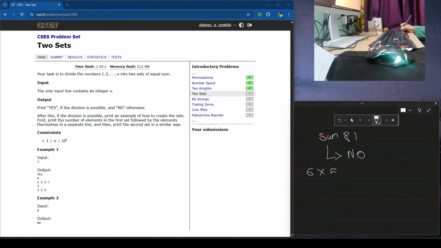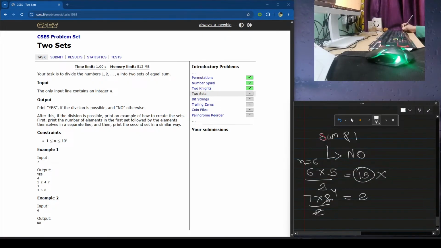The sum is 6 times 7 divided by 2 if n equals 6. So here the sum was 21, odd, therefore it was not possible. And if n was 7, 7 times 8 divided by 2, that is 28, and as the sum is even, it is possible to divide it.